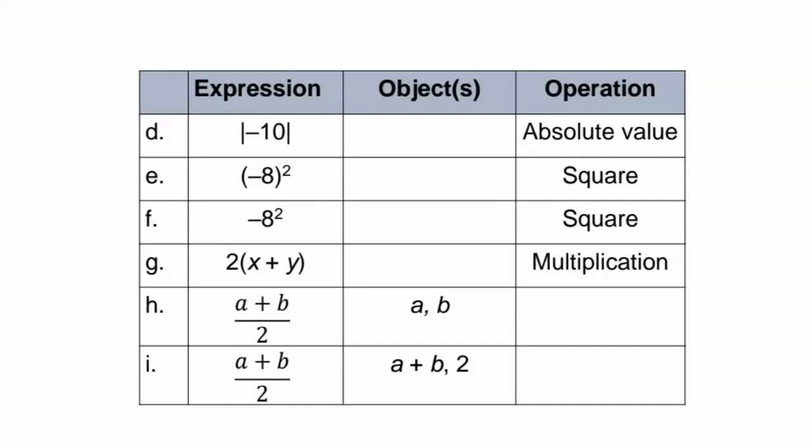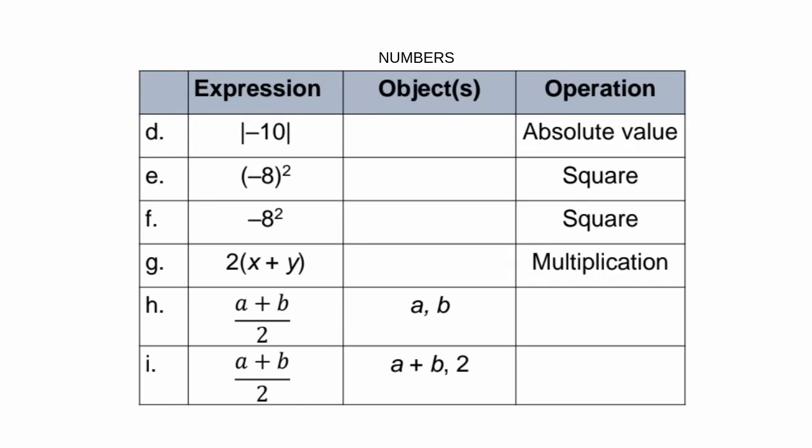Now, this table, okay, you're going to be asked to give some objects. Now remember, objects are numbers. Okay, and then the operations are the symbols or what we are doing.